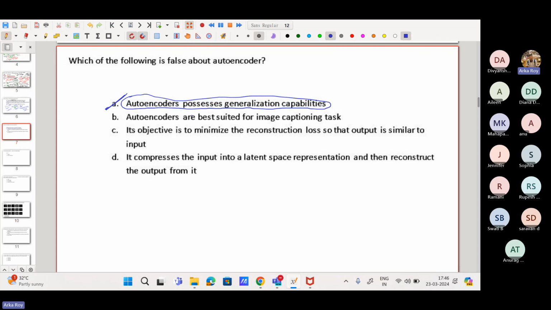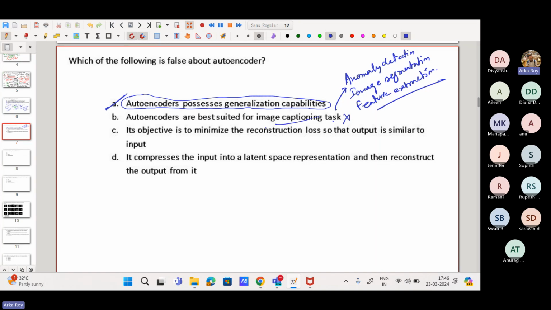Next is, autoencoders are best suited for image captioning tasks. This is false, because autoencoders are generally used for anomaly detection, image segmentation, and feature extraction. But image captioning is something else.